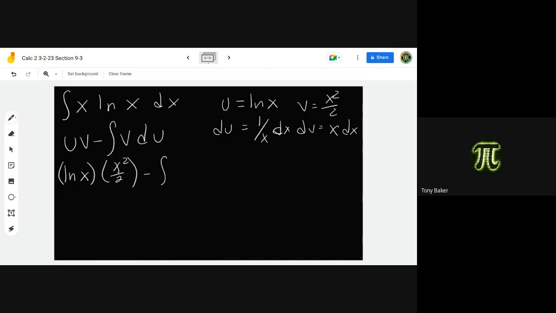The integral of v, x squared over 2, du, 1 over x. So this side is x squared over 2 ln of x. That's pretty simple. This part in here cleans up to be just x over 2. Because the x's cancel out.